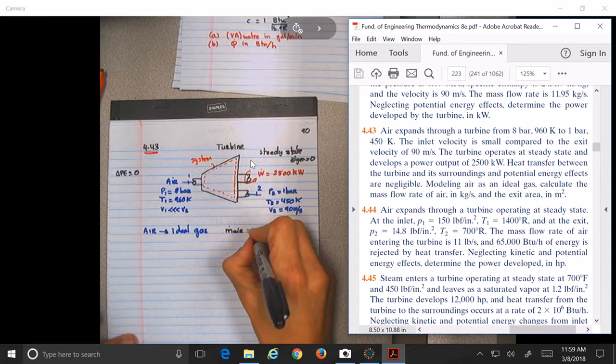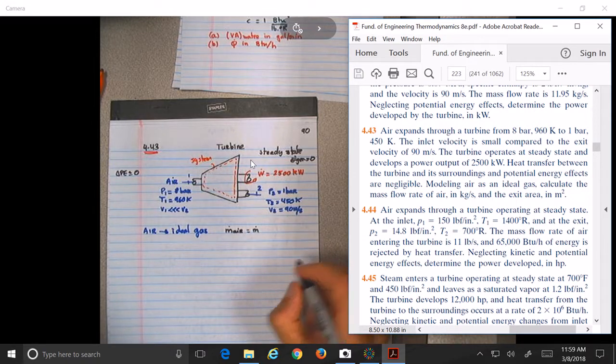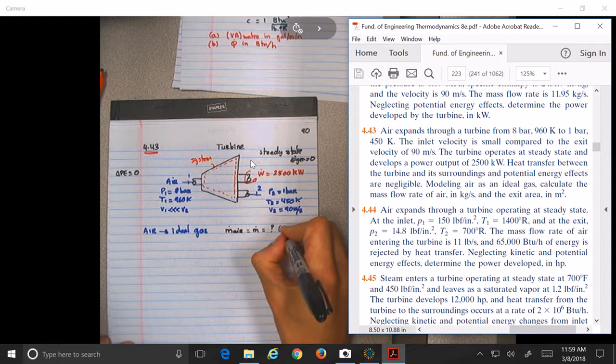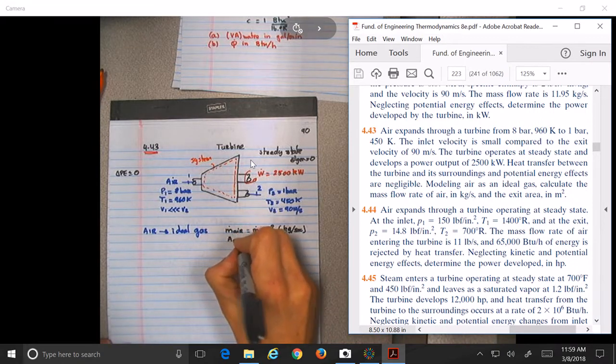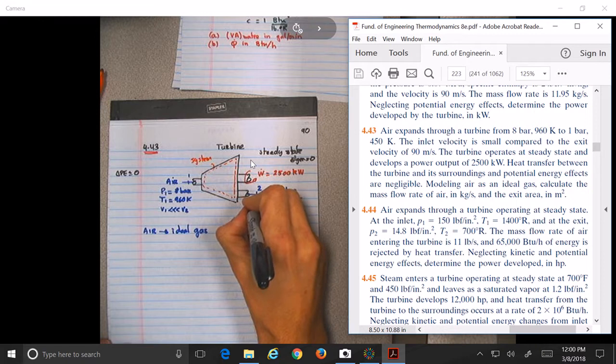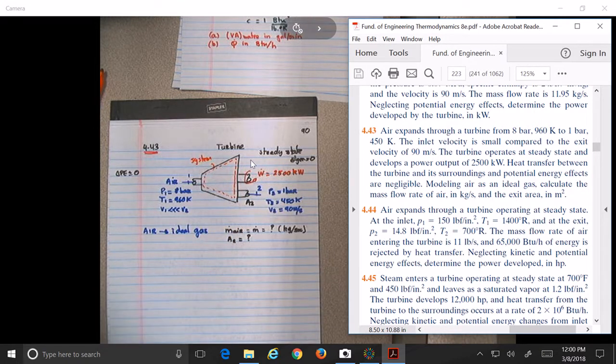So let me just say this M, okay, of air in kilograms per second, and the exit area, the cross-sectional area of the exit, in meters squared.